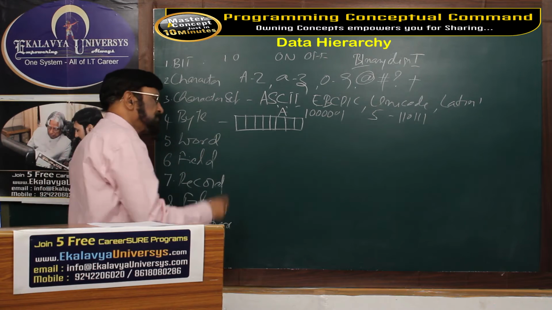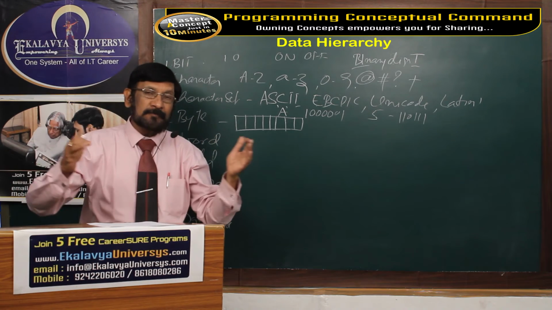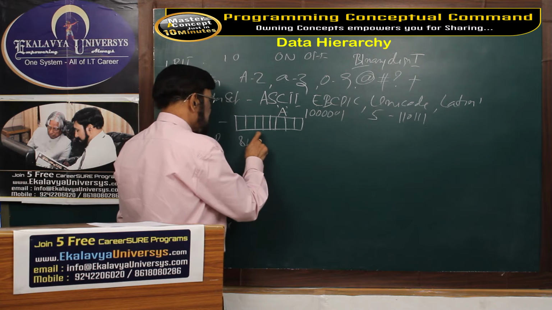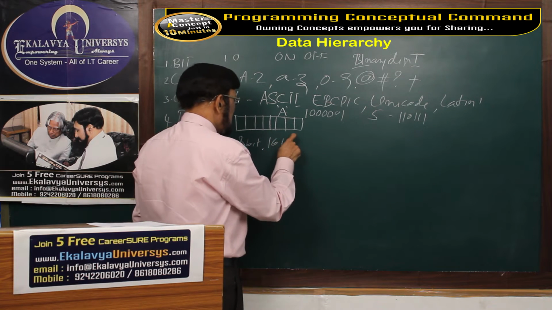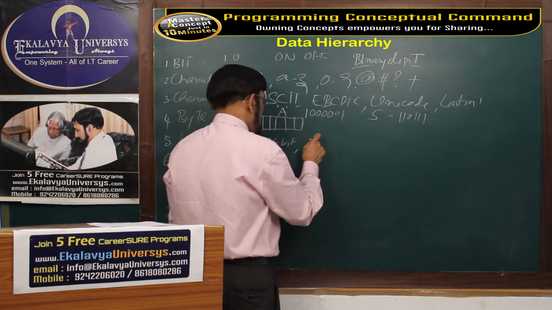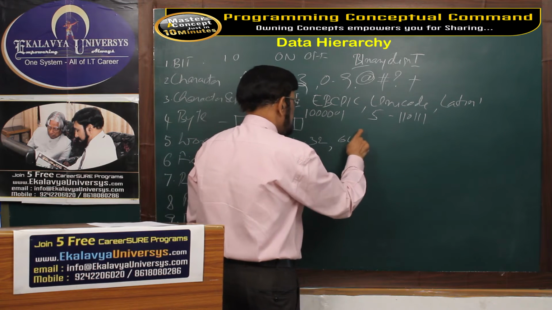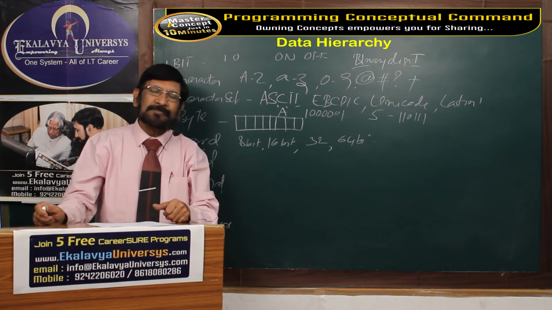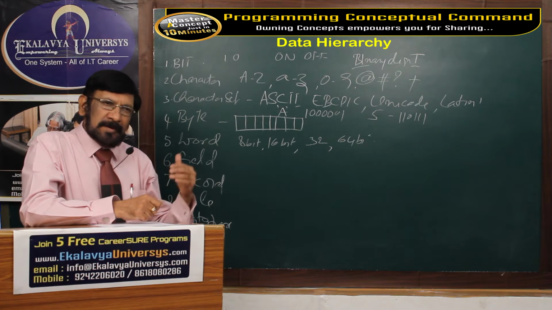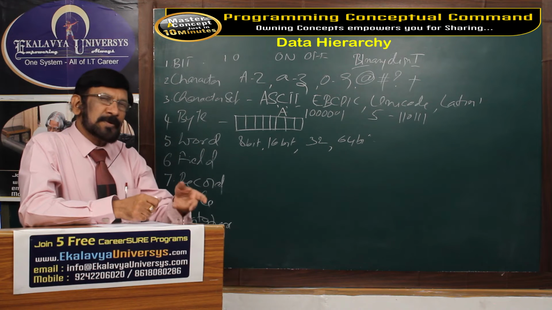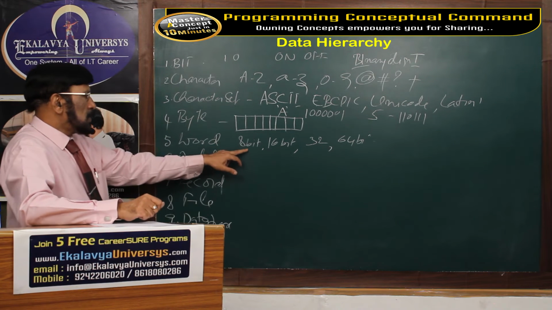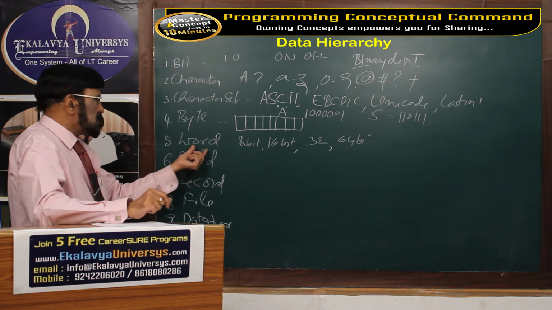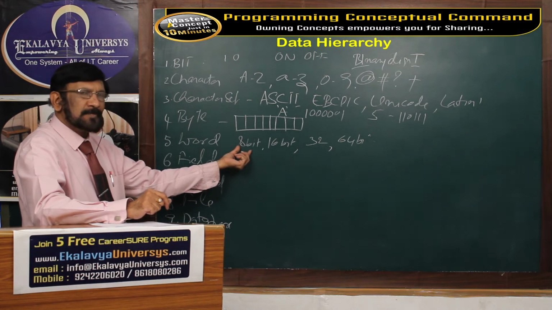Thereafter, word. Computers are having different capacities: 8 bit, 16 bit, 32 bit, 64 bit. If capacity is more, its processing speed is more. A low capacity computer, 8 bit, processes one word at a time, and that word size is 8 bit.